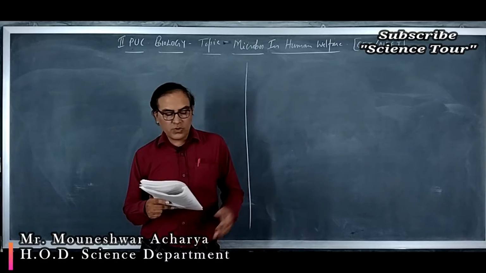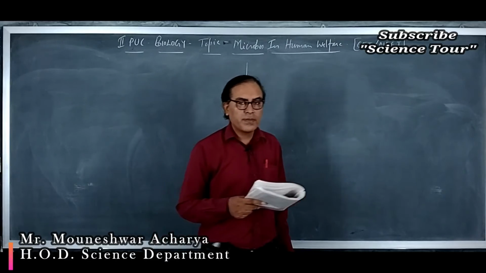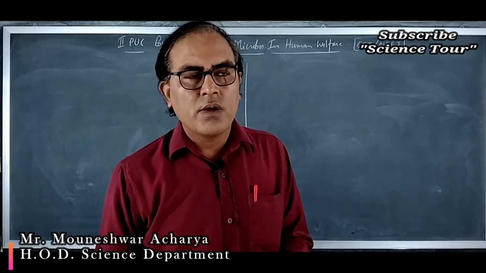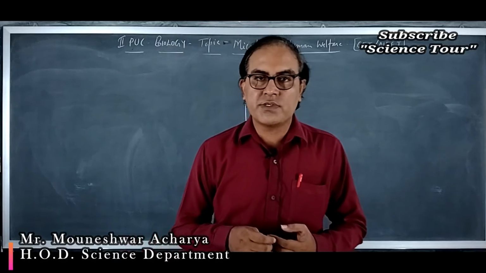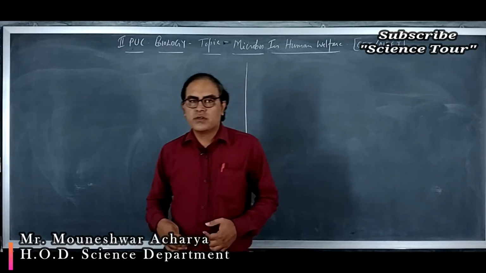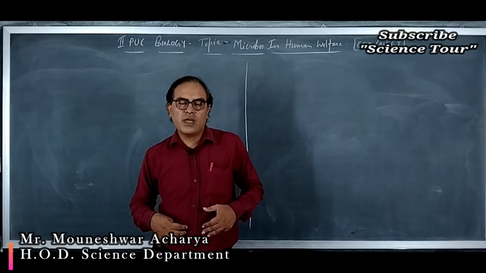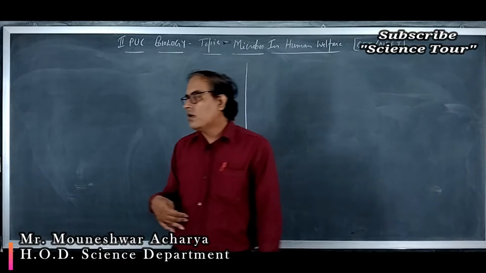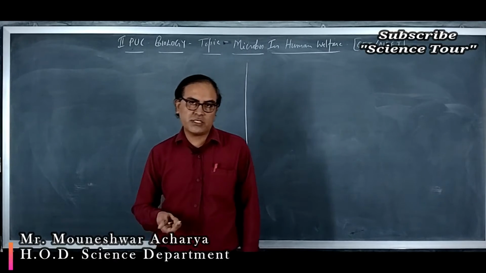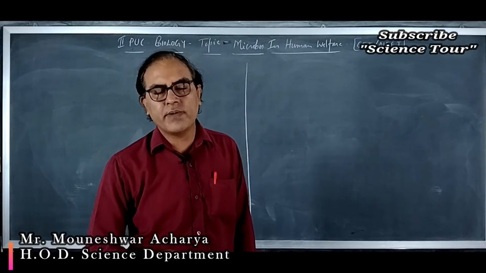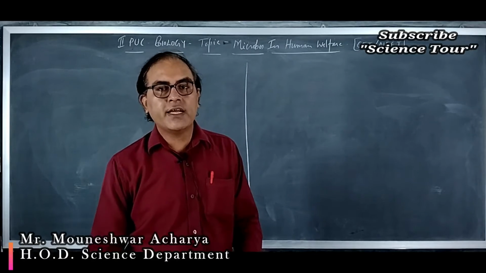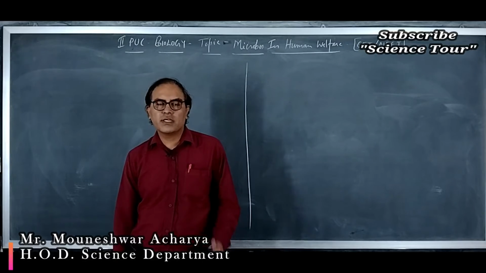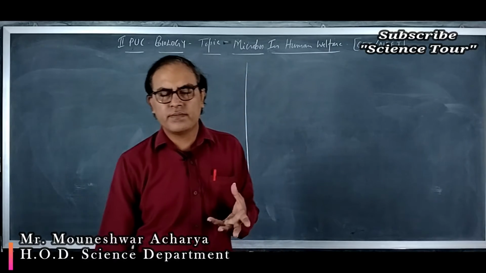Because you know, curd is a very good probiotic. There are two types: one is prebiotic, and the other probiotic. Probiotic means the useful organisms which are required for our healthy stomach, and prebiotics are the food for the probiotics. Probiotics are, for example, bacteria. One example is Lactobacillus, which helps in conversion of milk into curd, and it enhances the quality of the curd because it produces vitamin B12 in our intestine.